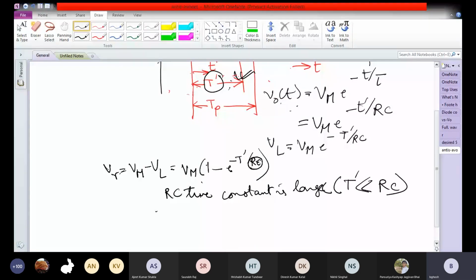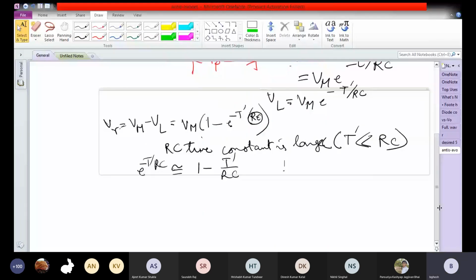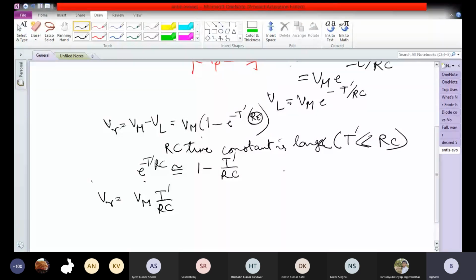Therefore, e to the power minus T prime by RC can be approximated as 1 minus T prime by RC by the exponential rule, and therefore my V ripple becomes Vm T prime by RC, substituting here.